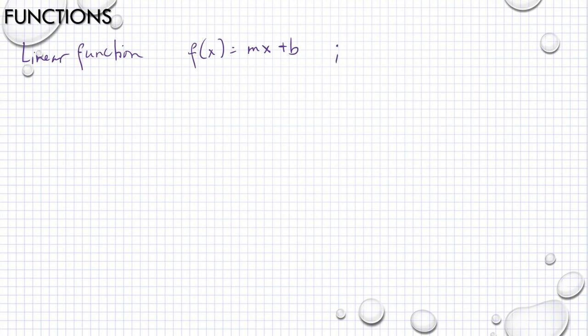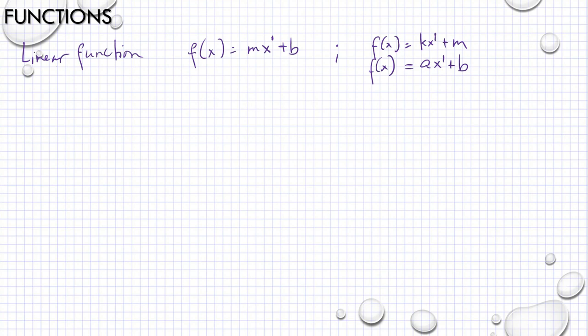Other countries use f of x is equal to kx plus m. Or, in general, ax plus b. Why is it linear? Because the highest degree of your x is 1.